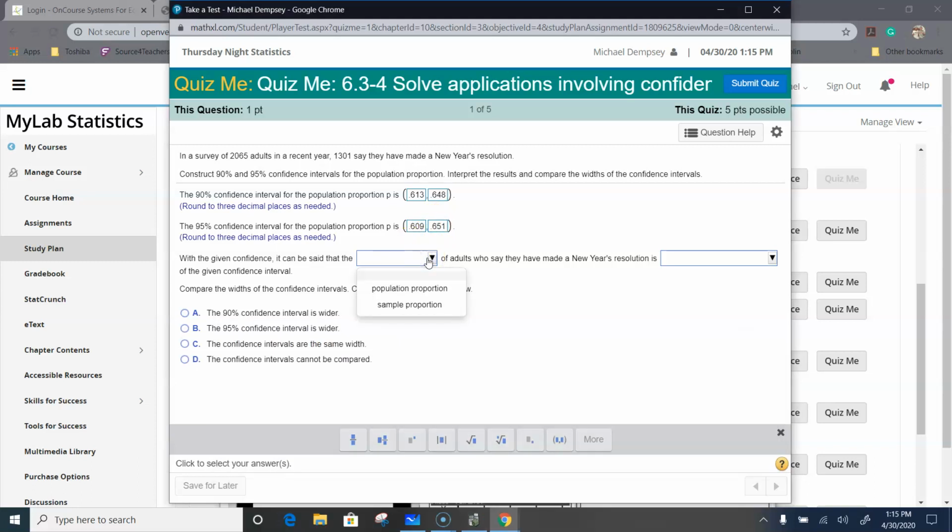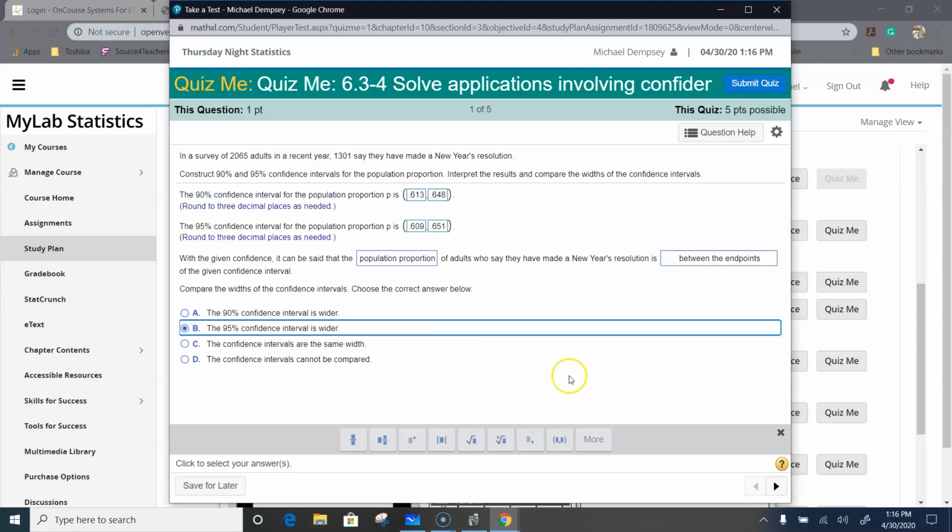Was the given confidence? It can be said that the population proportion of adults who say they made a New Year's resolution is between the endpoints. Compare the widths. Remember, 95% is always going to be wider than 90%. You're going to have more confidence, so 95% has to be wider.